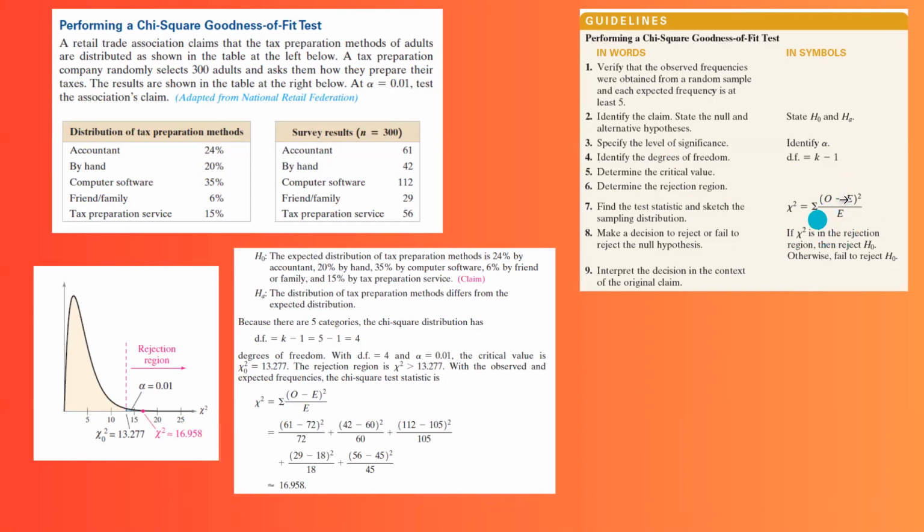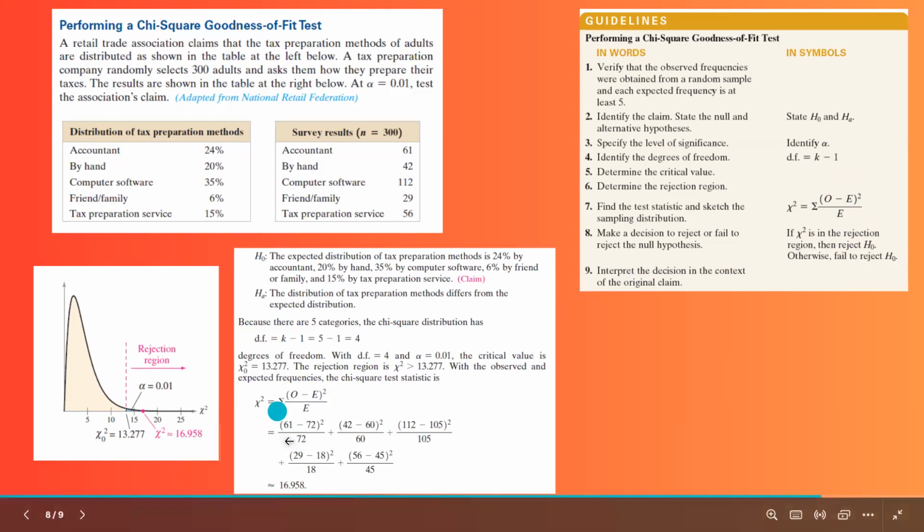to the second power divided by the expected frequencies. So the very first one is 61 minus 72. Again, guys, remember that we did the computation in the first example. Use the first example to check these numbers.